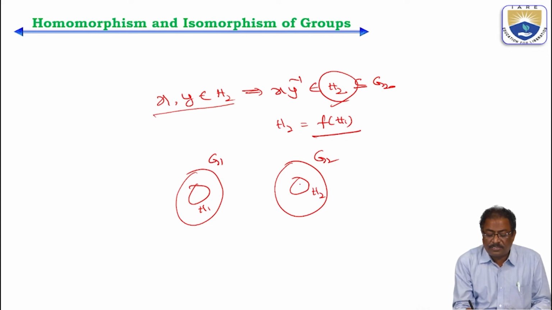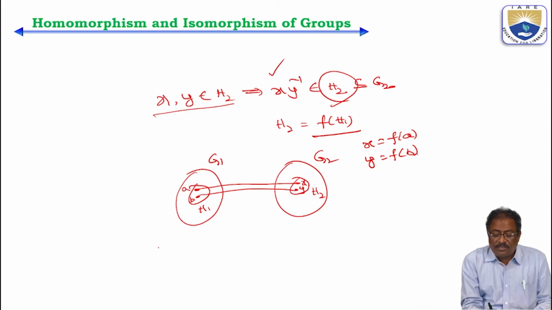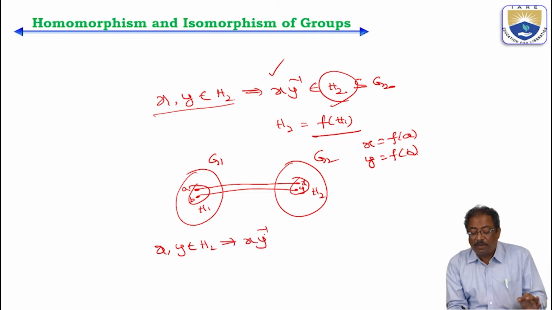Let A be mapped to X and B be mapped to Y. So now X is equal to f of A, Y is equal to f of B. Now we have to verify whether XY inverse is a member of H2 or not.